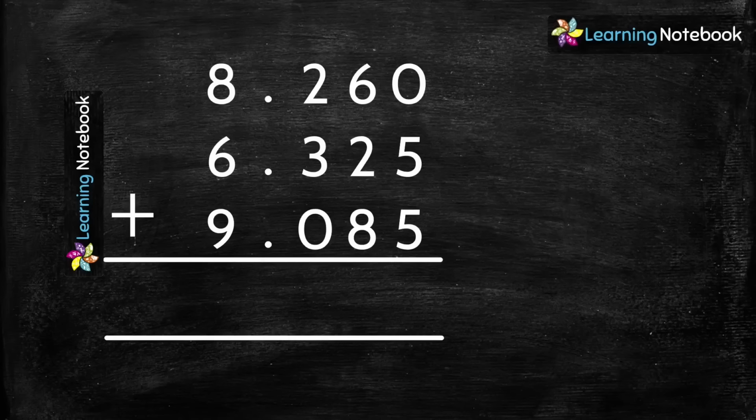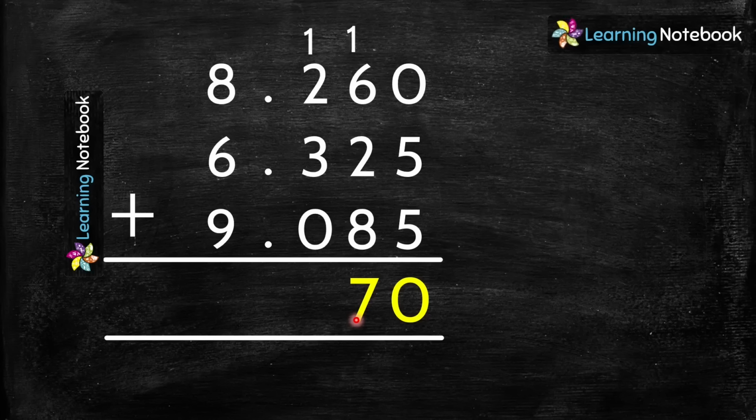After writing these numbers in column form, first we will add the decimal part. 0 plus 5 plus 5 equal to 10. Carry 1 and write 0 in the answer. Then 1 carry plus 6 plus 2 plus 8 equal to 17.